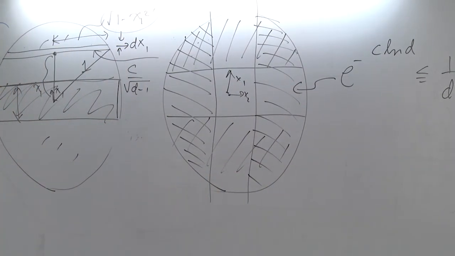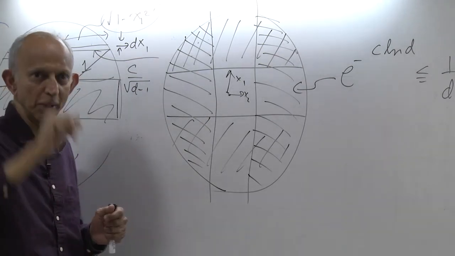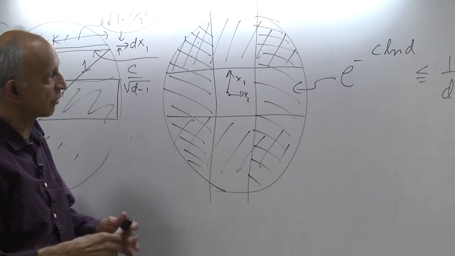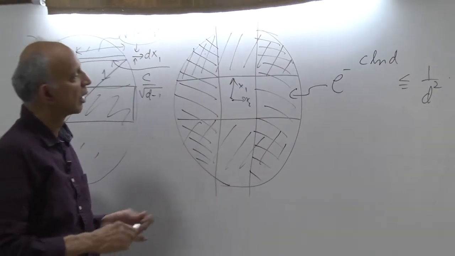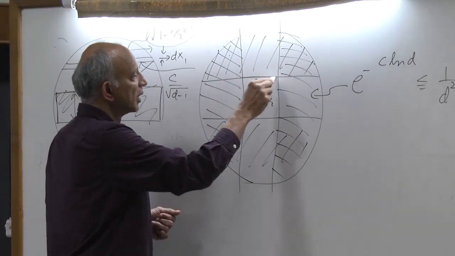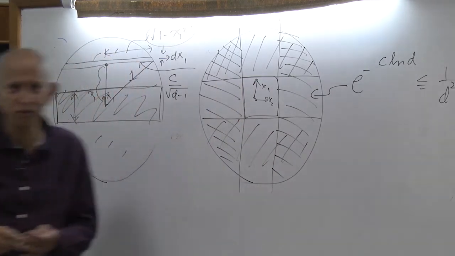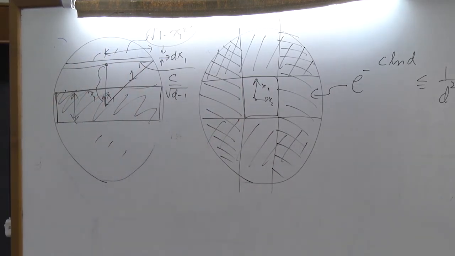Okay. Now, if I take out those two shaded regions in 2 dimensions, in d dimensions, I have to take out d of them. What's left is a cube. You have to convince yourself, but what is left is a cube, right?